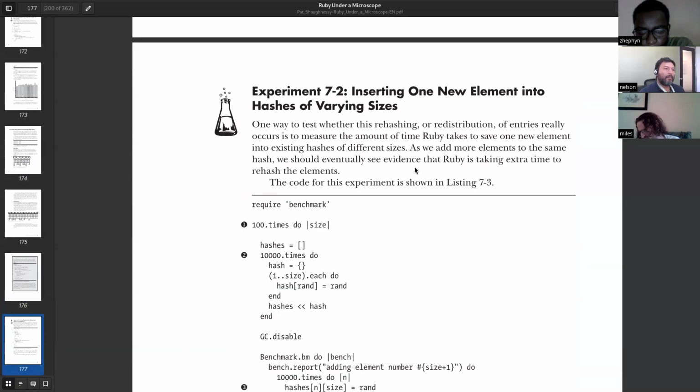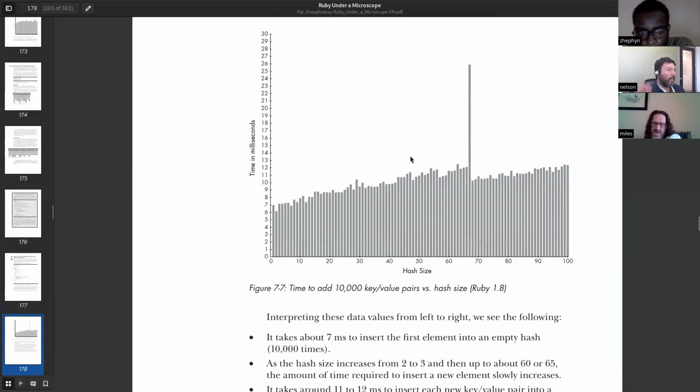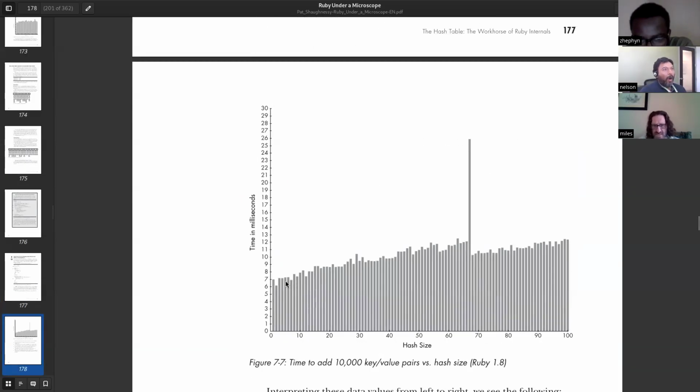If we come down here, we can see that it's getting slightly more expensive to insert as the hash is growing. It's still growing at a pretty slow pace, though. And then right here, around that 66 mark, where the density is hitting, I think Nelson mentioned five, is where it's deciding to rehash and expand the hash table.